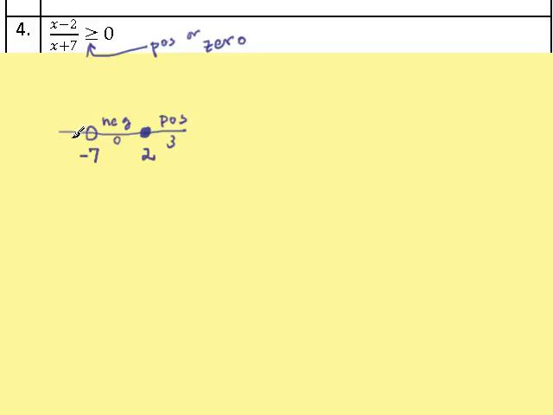And to the left of minus 7, let's say minus 8, we have negative divided by negative, which is positive. Now let's see, positive or 0 is what we're looking for. So let's shade in the positive segments and point to the 0. Okay, so we're going to list this piece as x less than minus 7, and this piece as x greater than or equal to 2.